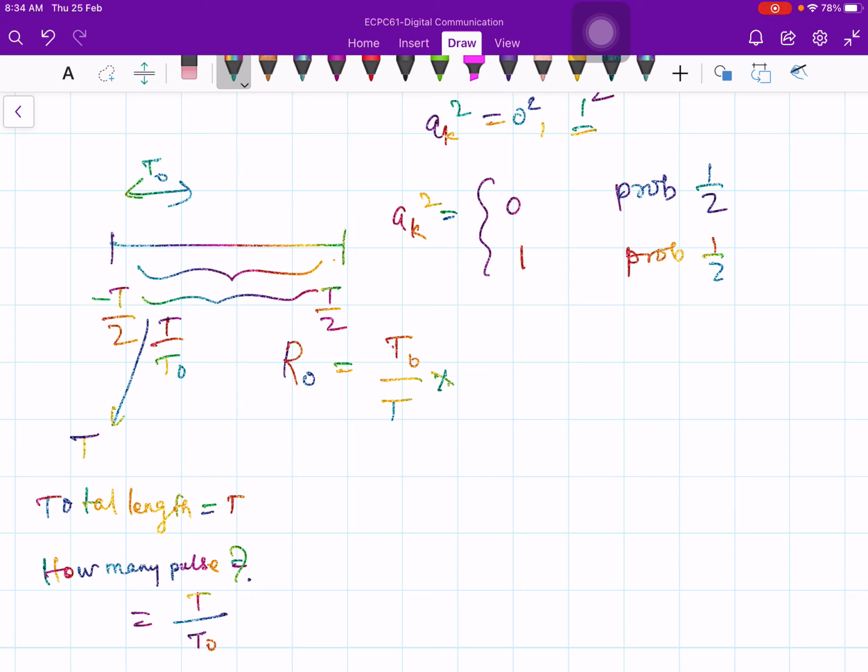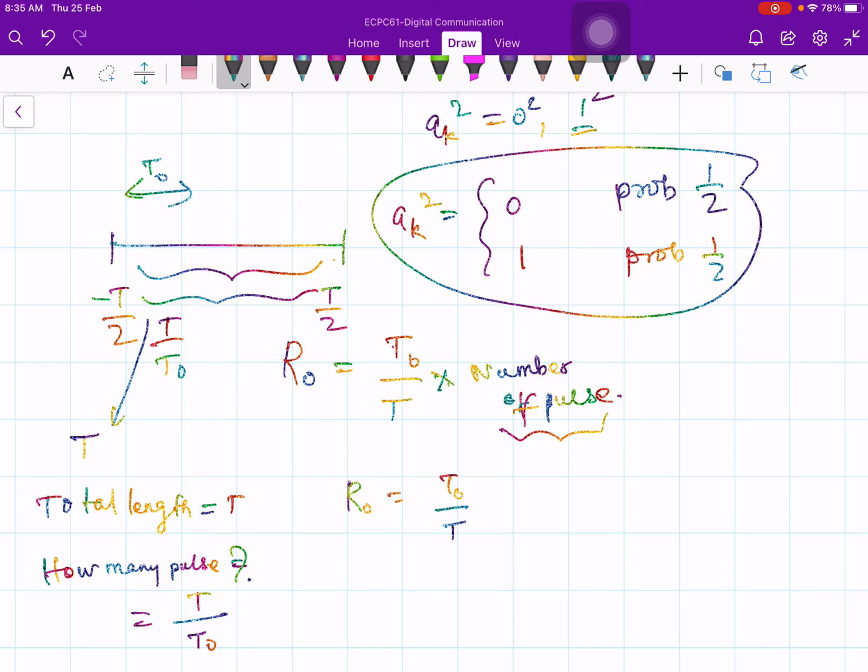Pulse width is T0, therefore the number of pulses is T by T0. So R0 is equal to T0 by T times the number of pulses, and in this number of pulses, half of the time you are getting 0 and half of the time you are getting 1, because of this assumption.